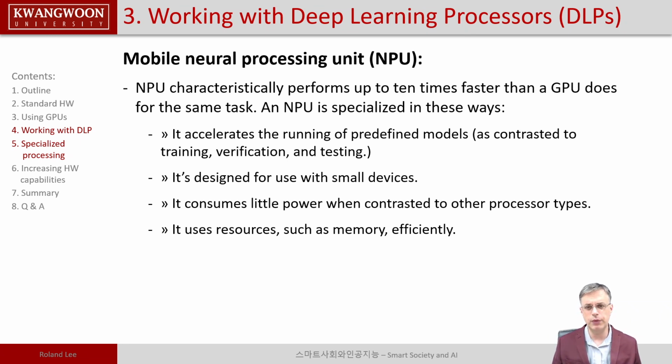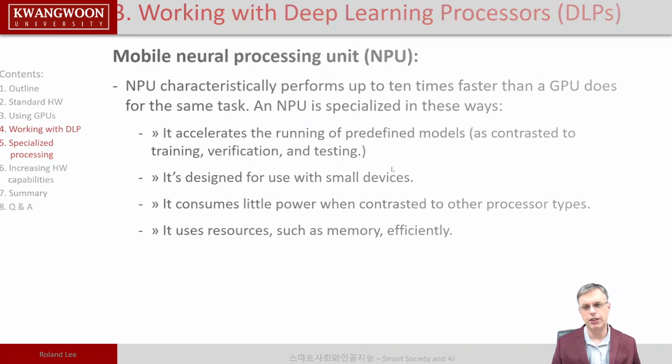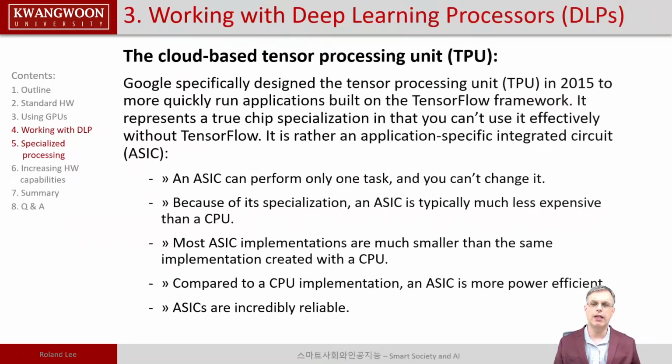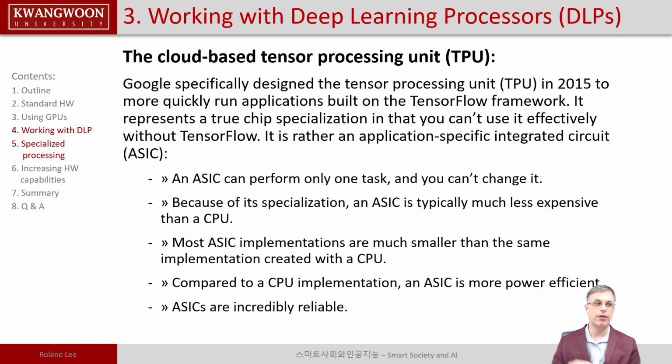Well, let's continue with the Tensor Processing Unit. Google specifically designed the Tensor Processing Unit, TPU, in 2015 to more quickly run applications built on the TensorFlow framework. It represents a true chip specialization in that you cannot use it effectively without TensorFlow.